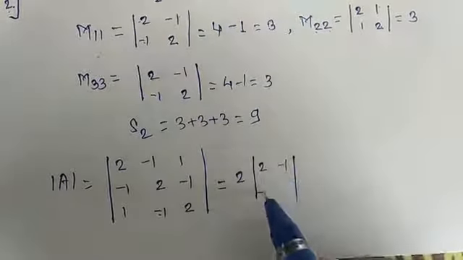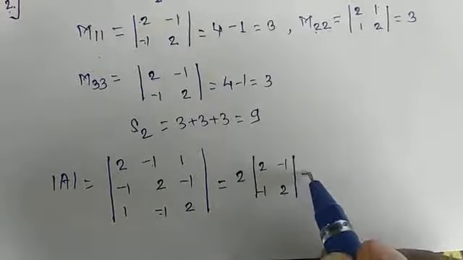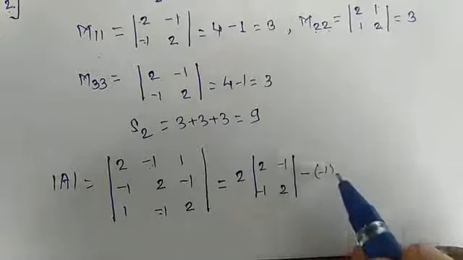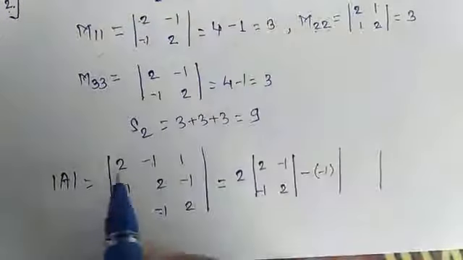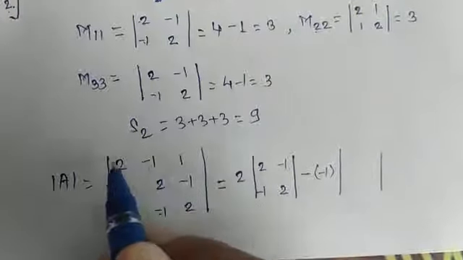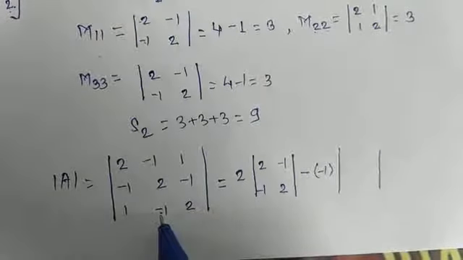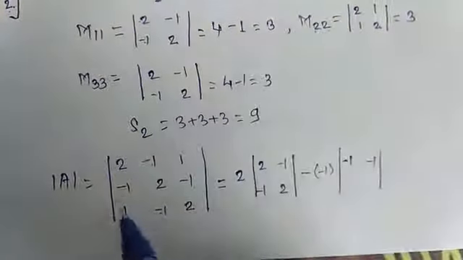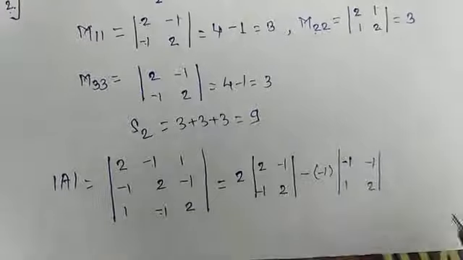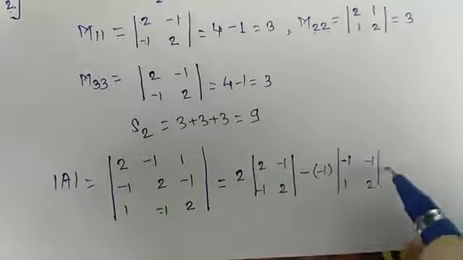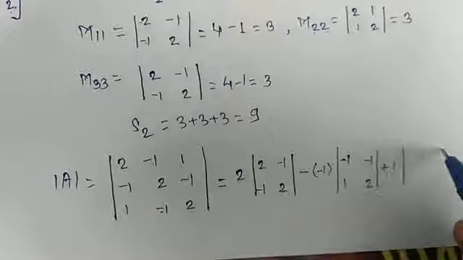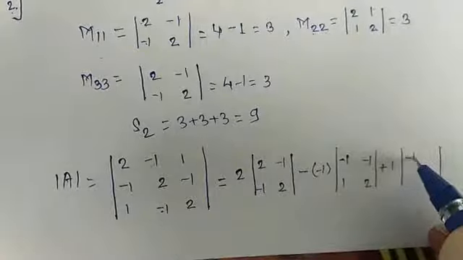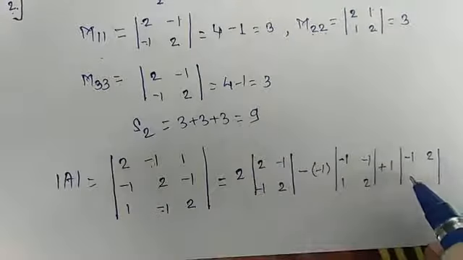Here the second entry is minus 1, so we write minus 1 into determinant of, now we delete the first row and second column, so remaining entries are minus 1 minus 1 1 2. Okay, and plus 1 into determinant of, now we have to delete the first row and third column, so it will be minus 1 2 1 minus 1.